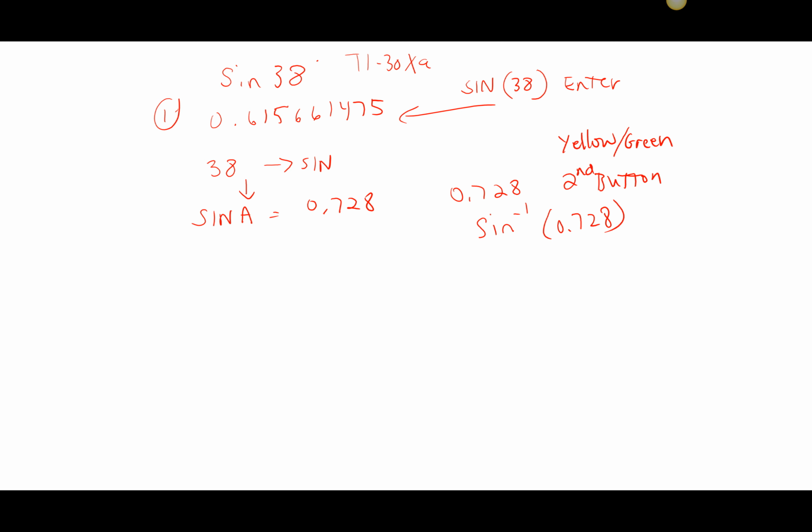So when you do that, you end up with 46.718988. Okay? So for you guys that have the TI-30XA, you'll type in 0.728, hit the second button, and then you'll hit sine. For you guys that have any other type, you might hit second button, sine -1, and it'll have a parentheses. You type in 0.728 and enter, and it'll give you that number. So play around with that. Make sure that you know how to use that for your calculator, okay?